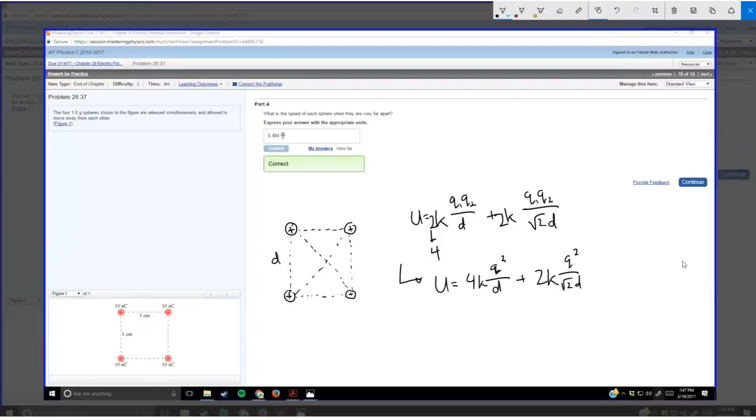That all turns into kinetic energy, which is the kinetic energy of everything put together. So you have 1/2 times 4 masses times their velocity squared. So you want the velocity, you get 2 over the 4 masses times all this business, square root.